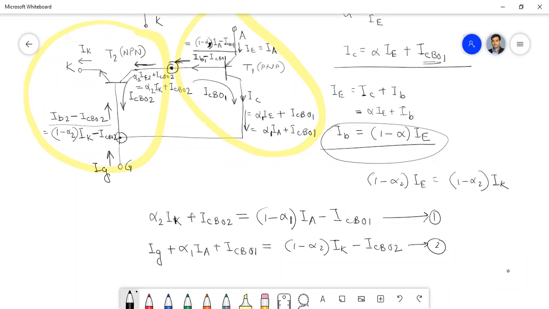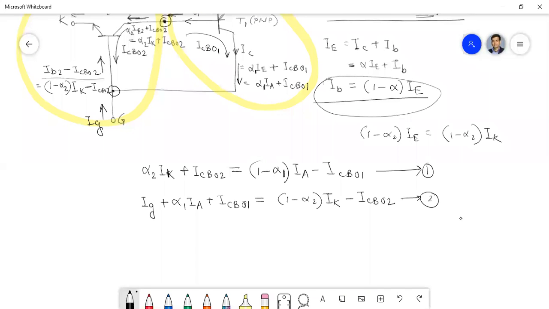Okay sir. Now from these two equations, what we have to do, we have to eliminate IK and write the expression in terms of IA only. So you just eliminate IK and solve for IA. Now you just tell me what is the value of IA.